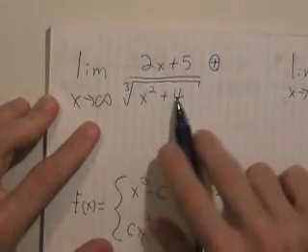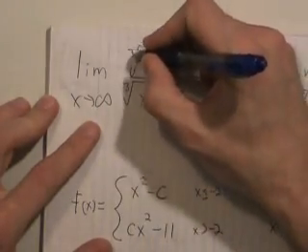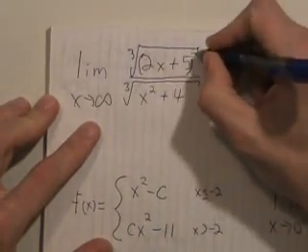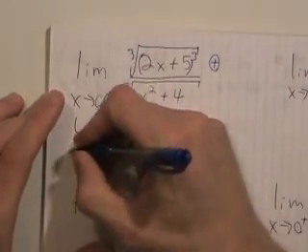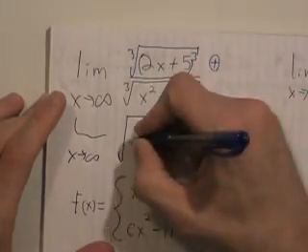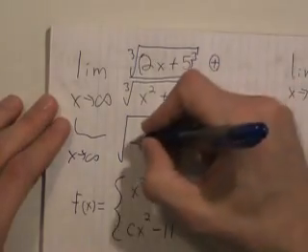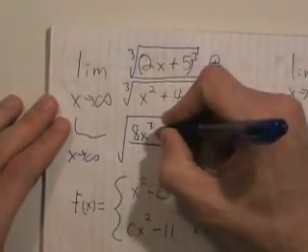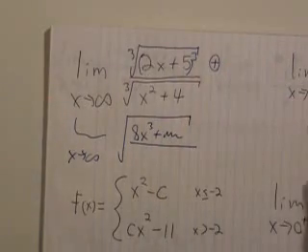So to pull the radical over the entire thing, you're going to have to cube root this, and cube it at the same time. So that when you do that, you'll have the limit as x goes to infinity of just one expression. And when you multiply this out, the first term that you'll get will be 8x cubed plus stuff we're not really worried about, because only the highest term matters.